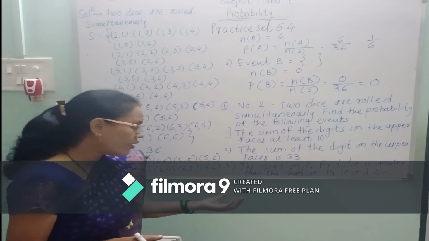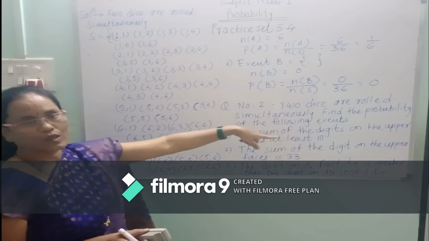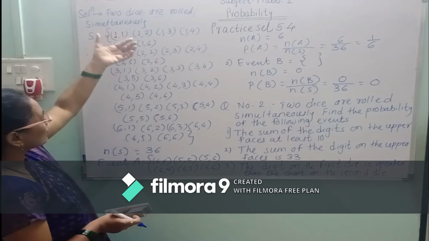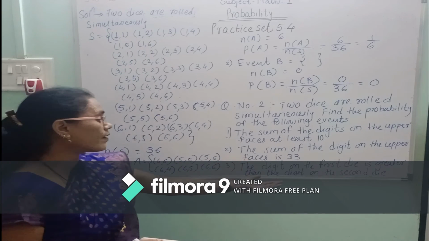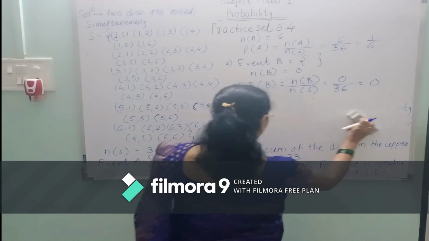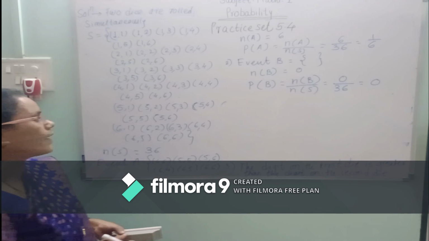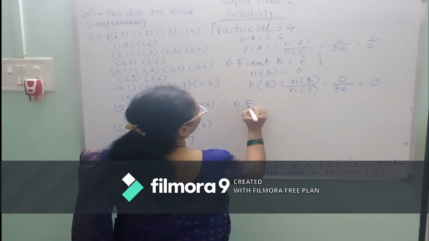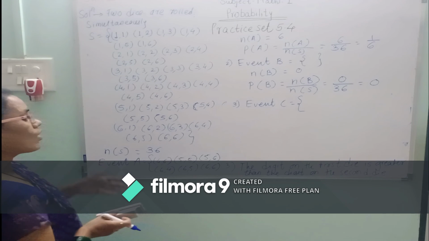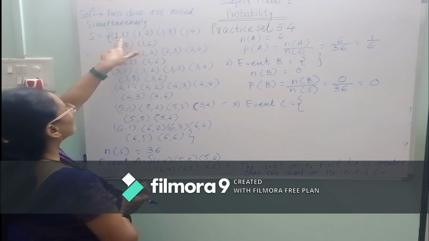So the number on the first die must be larger than the number on the second die. We find this among the 36 sample points. This is event C. Write it down in curly brackets, with the larger number on the first die than on the second die.